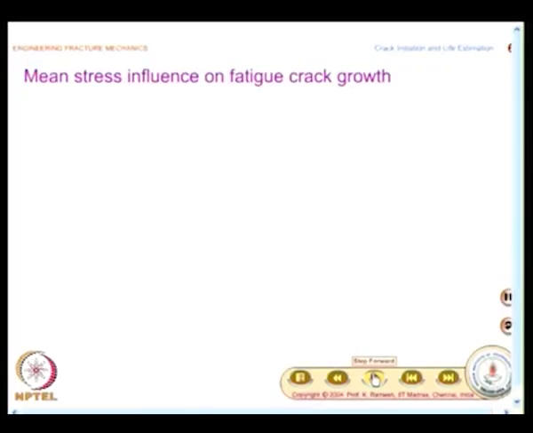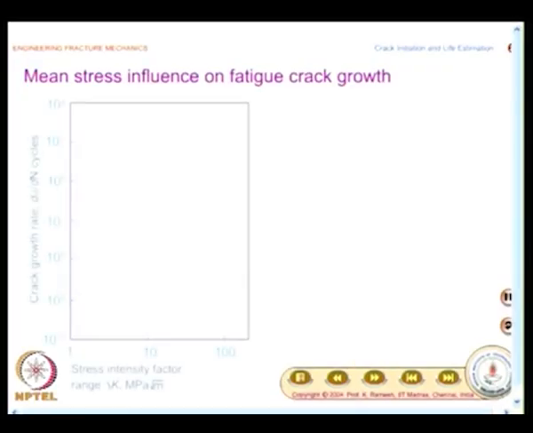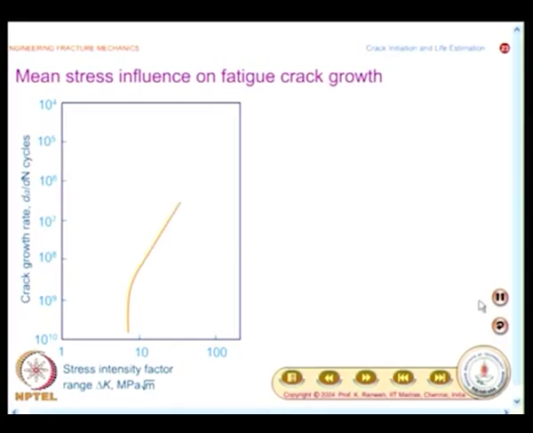So, that is why his law is very important, and we will have to see what is the effect of mean stress on fatigue crack growth. We have already looked at the definition of stress ratio R, and you have a graph.